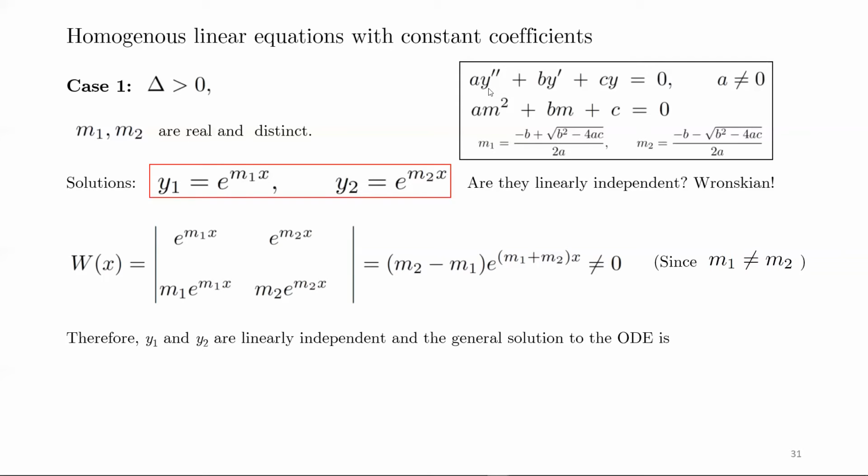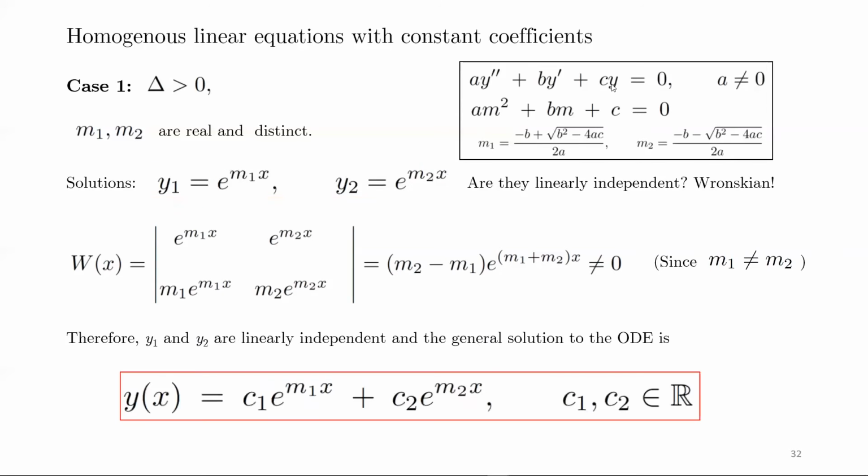They form a fundamental set of solutions, and we can form from that fundamental set the general solution of this second order linear homogeneous constant coefficient ODE. We do that by simply taking the superposition, or the linear combination, of these two solutions, y1 and y2.